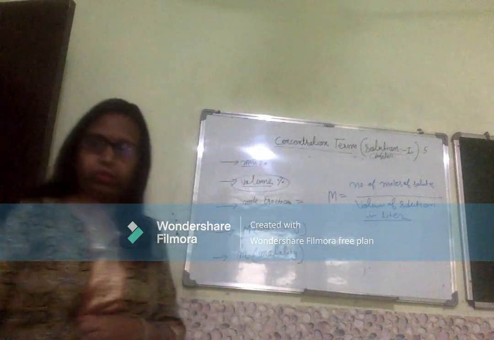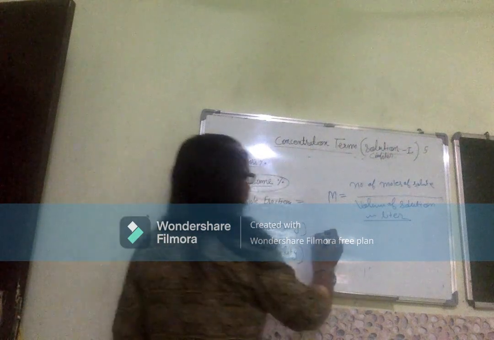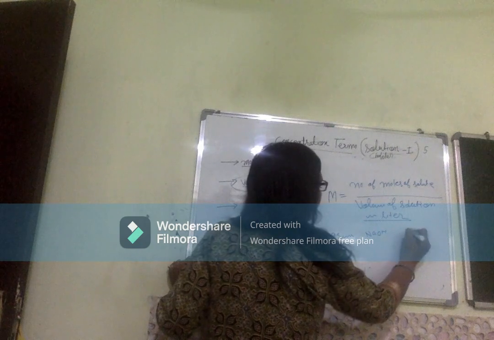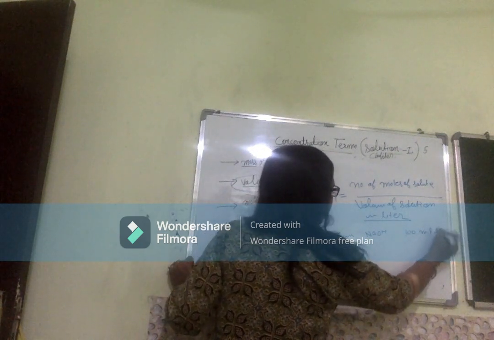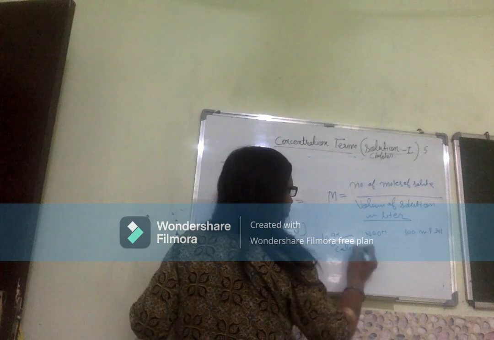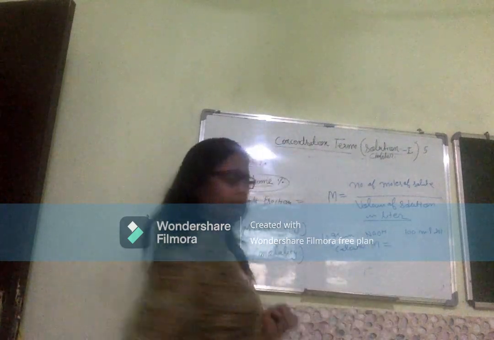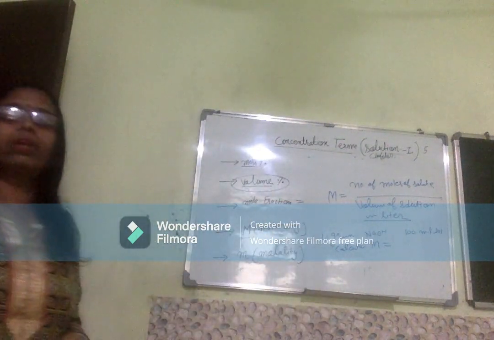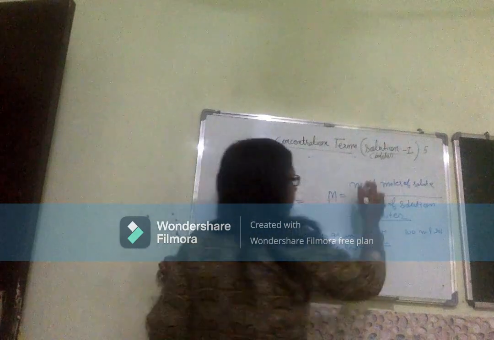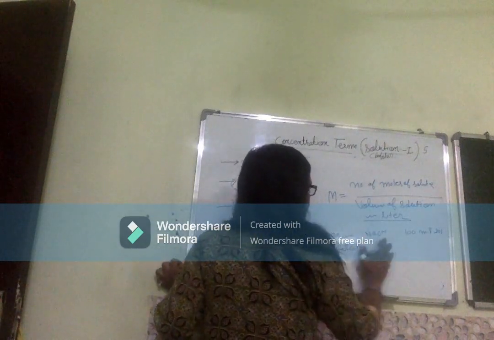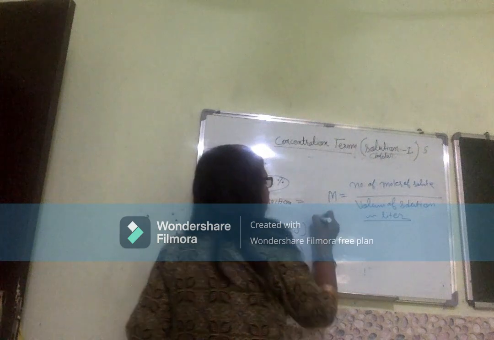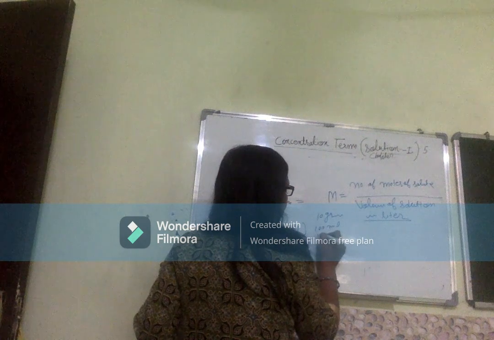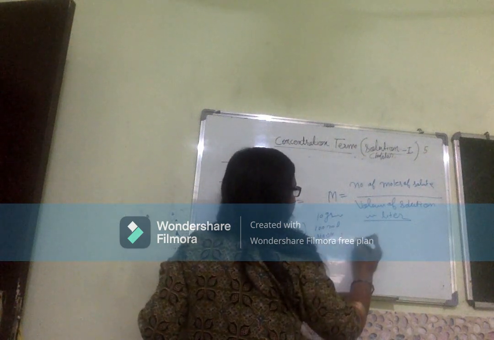For example, 10 gram NaOH dissolved in 100 ml solution. Calculate capital M. Number of moles of solute: given mass is 10 gram, volume 100 ml, and the component is NaOH.